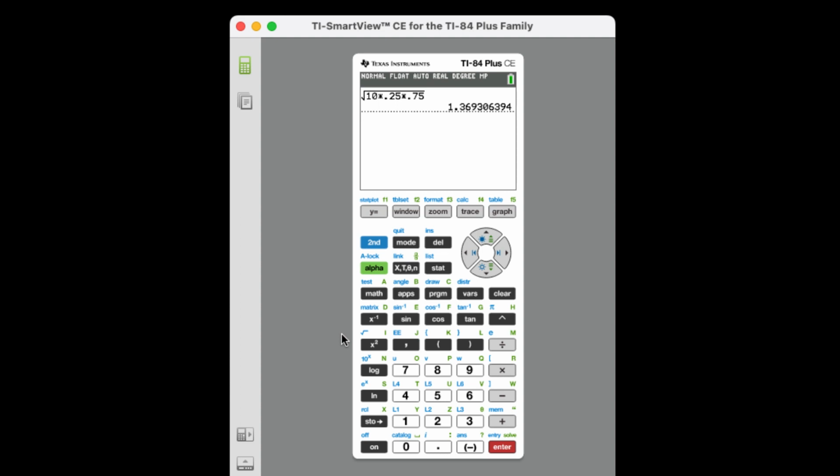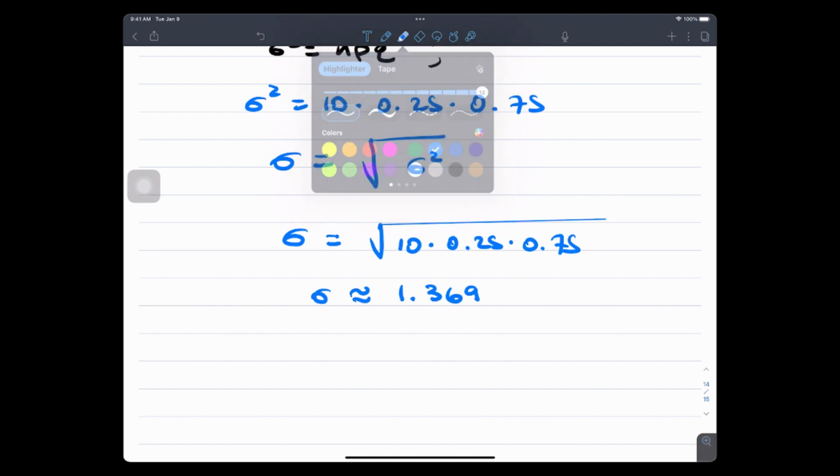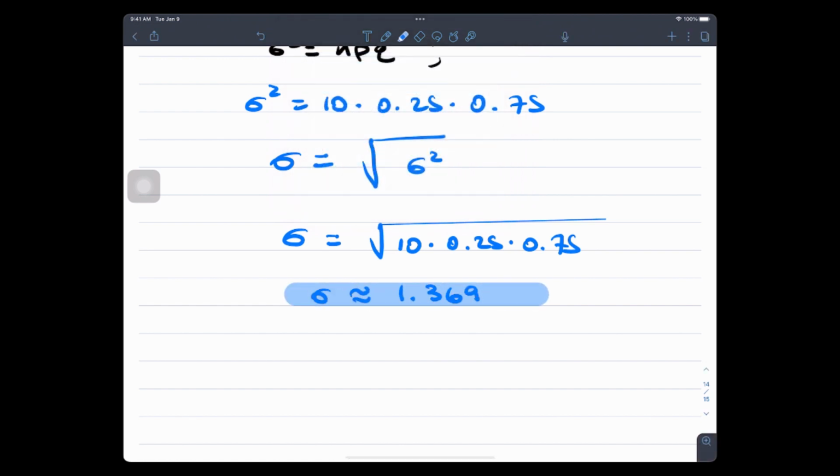Approximate that to the nearest thousandth. That's 1.369. So the binomial has shortcuts for the mean, the variance, and the standard deviation. Enjoy the shortcuts.